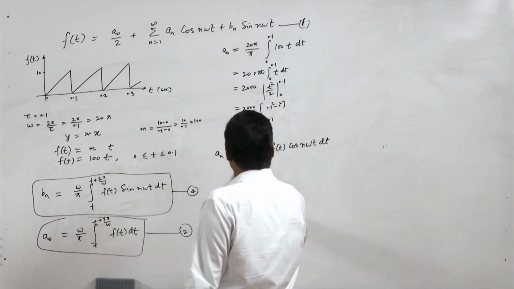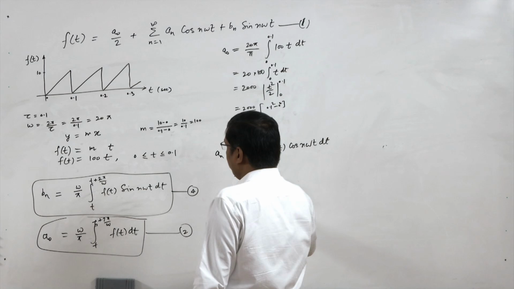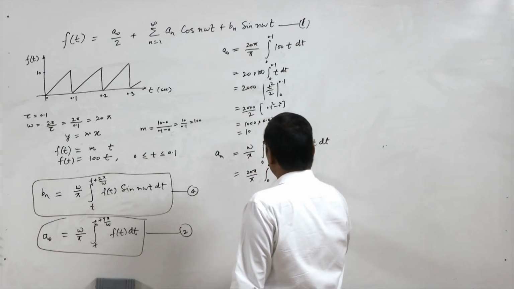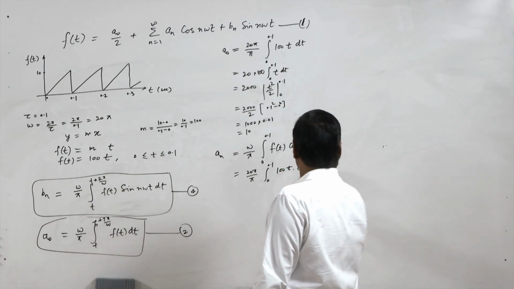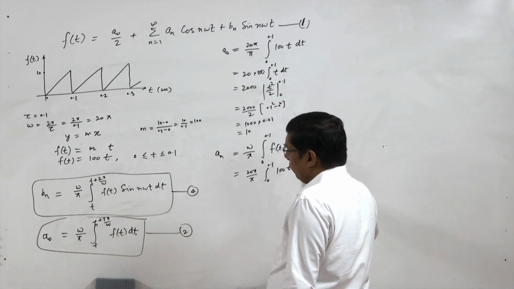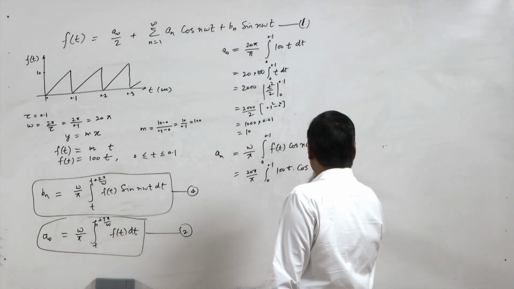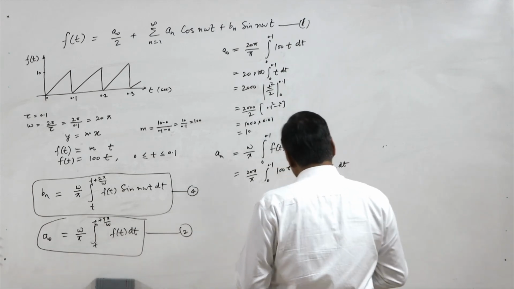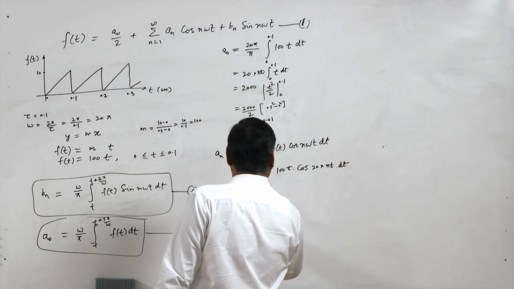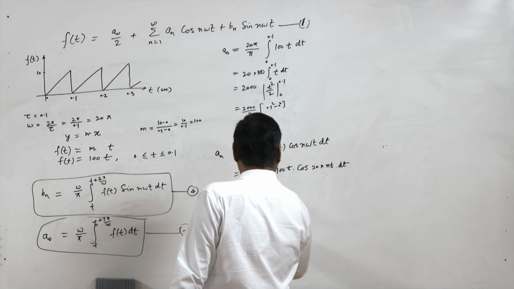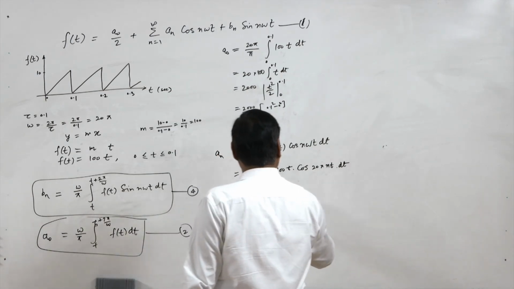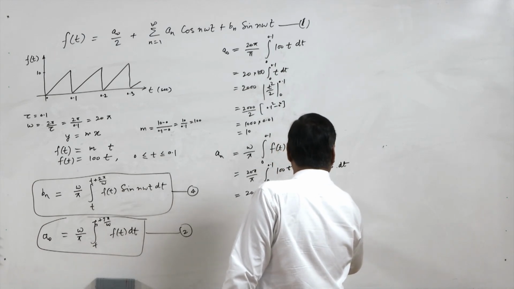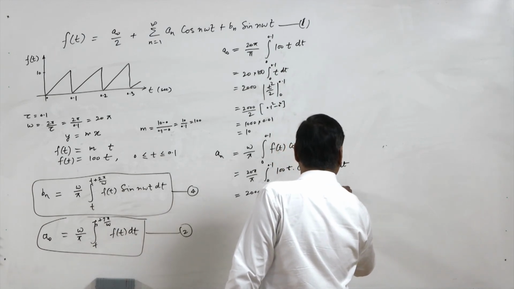So it is 20 pi by pi, integral from 0 to 0.1 of 100t into cos, where omega is 20 pi, so cos 20 pi n t into dt. So we can write 2000, because pi cancels out and this becomes 2000, integral from 0 to 0.1 of t into cos 20 pi n t dt.